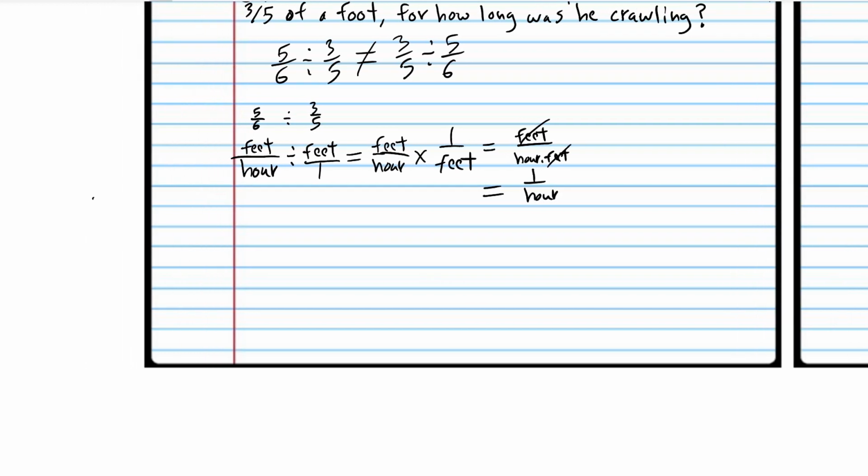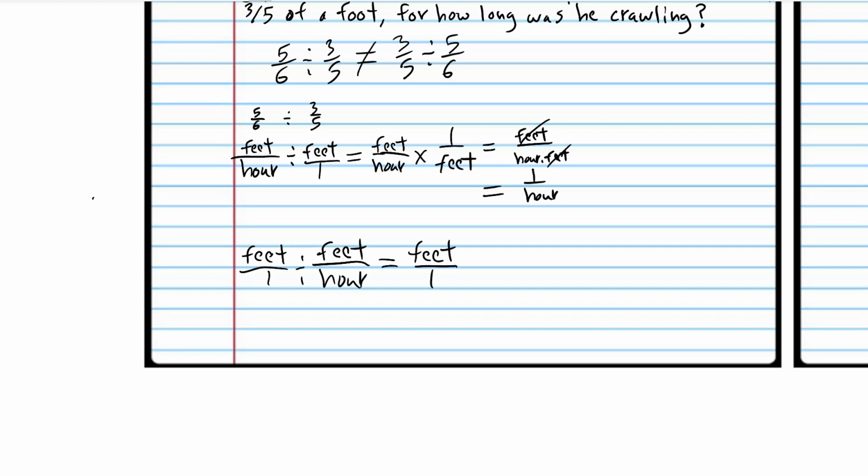So now let me show you what it looks like when you actually divide correctly. So instead of dividing feet per hour by feet, we're going to switch these around. We're going to take this and write it in front, feet, and we're going to write it over 1 because you consider it a whole number, divided by feet per hour. And now watch what's going to happen.